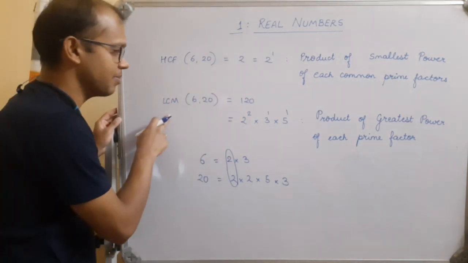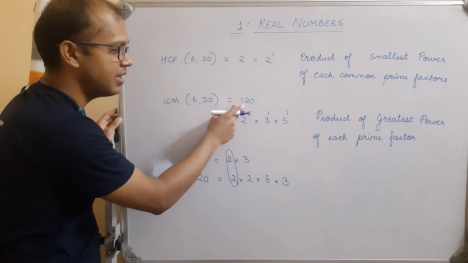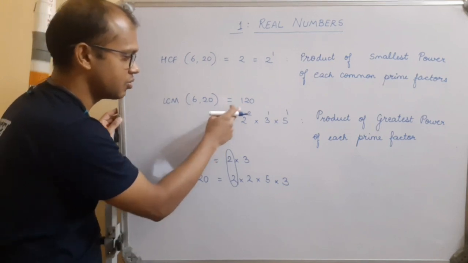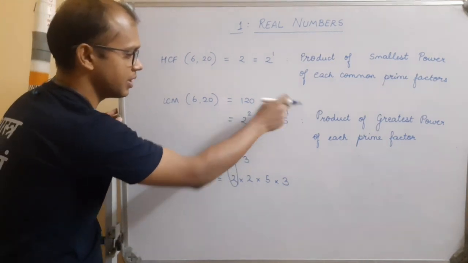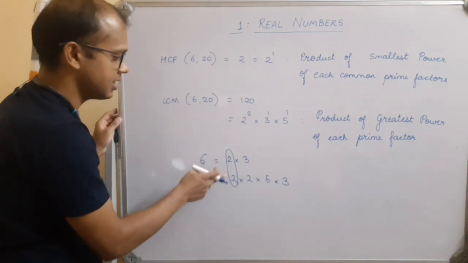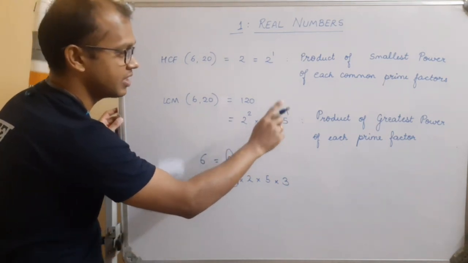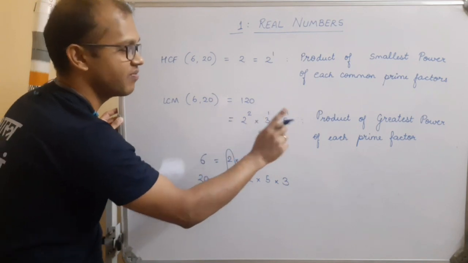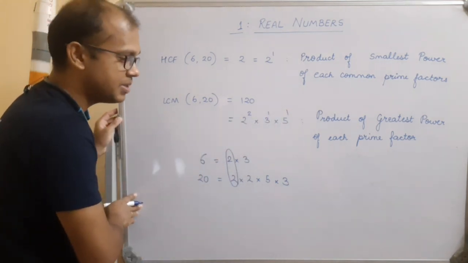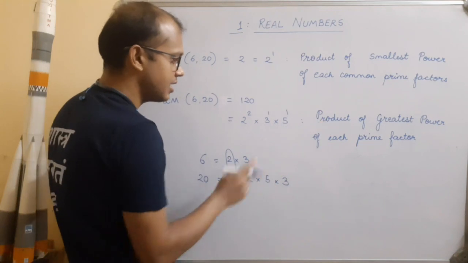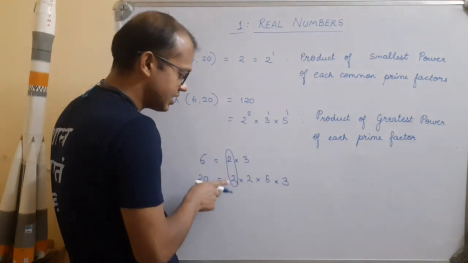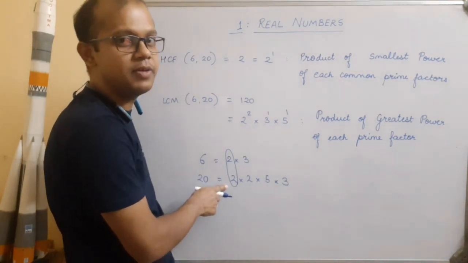If you see, the LCM is 60, which we can express as 2 raised to 2 into 3 raised to 1 into 5 raised to 1. How come we did that? We can express it as the product of the greatest power of each prime factor. What does this mean? Let us see each prime factor. 2 is there in both of them, so we take it only once.